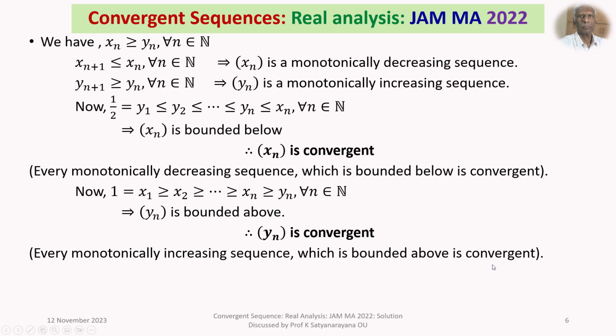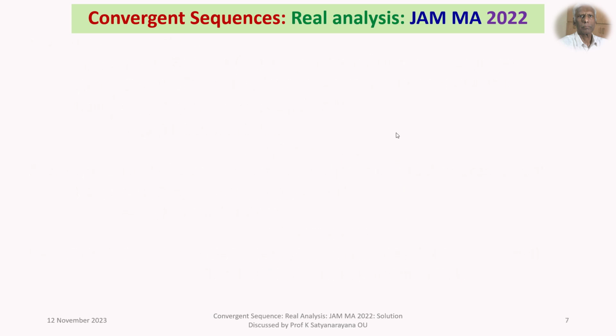In this case it converges to the least upper bound. And a monotonically decreasing sequence which is bounded below is convergent and converges to its greatest lower bound. That is not required presently. So thus both the sequence xn and the sequence yn are convergent. We continue in the next slide.